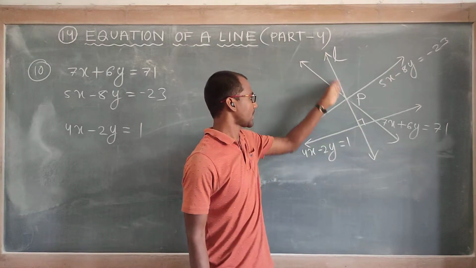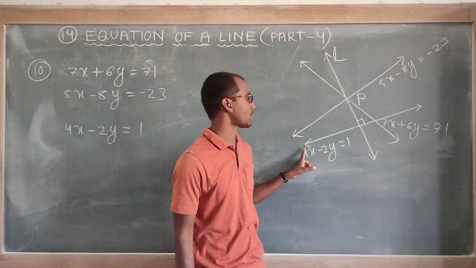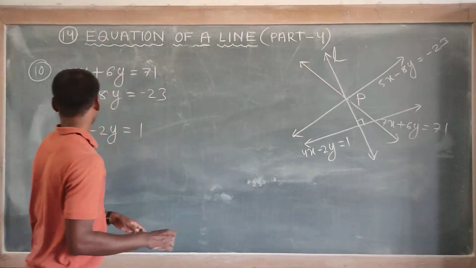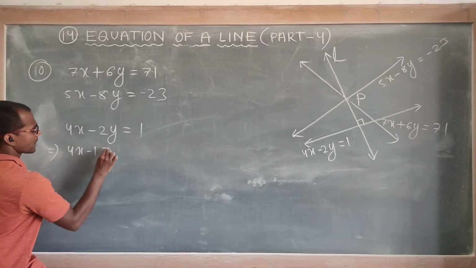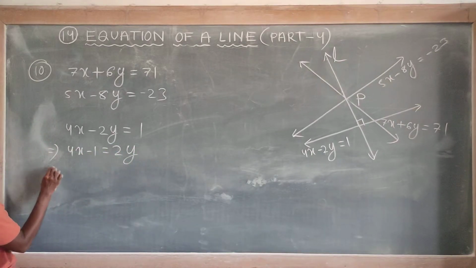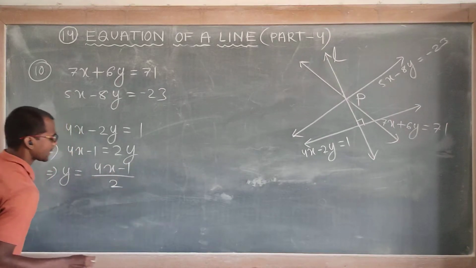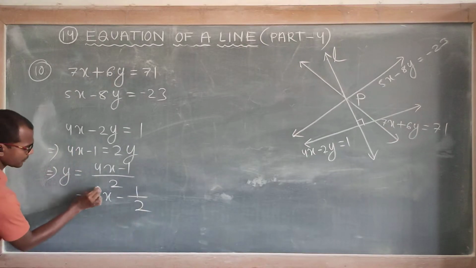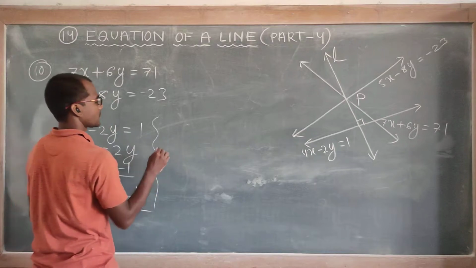We can get the slope of this line from the given line 4x minus 2y is equal to 1, because they are perpendicular to each other. So first let us find the slope of this line. 4x minus 1 is equal to 2y, so y is equal to (4x minus 1) by 2, that is 2x minus 1 by 2. Slope is 2.